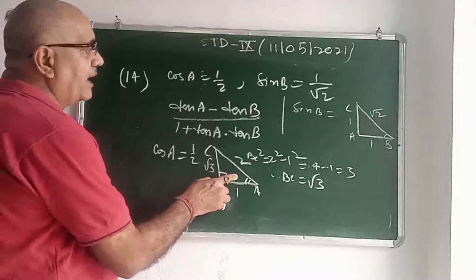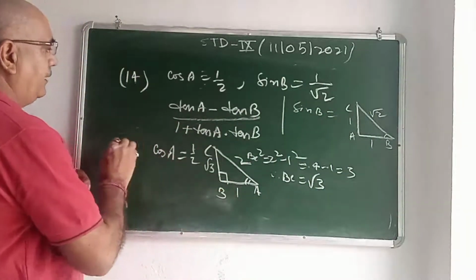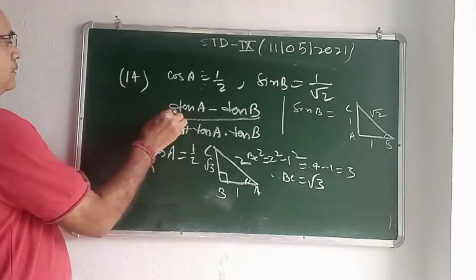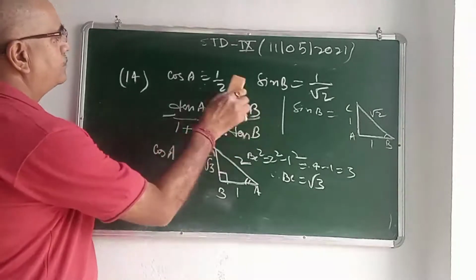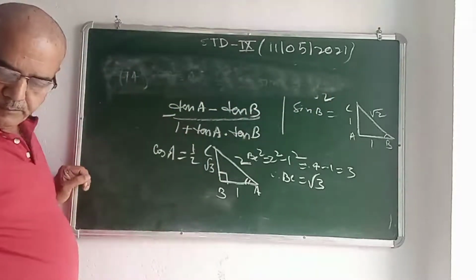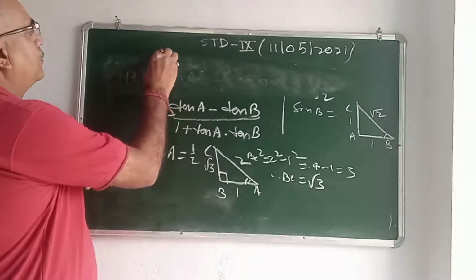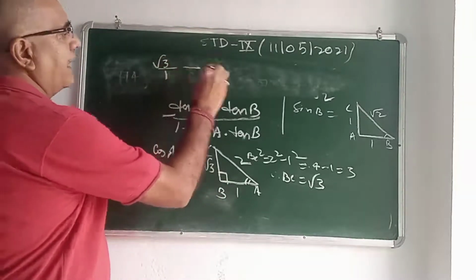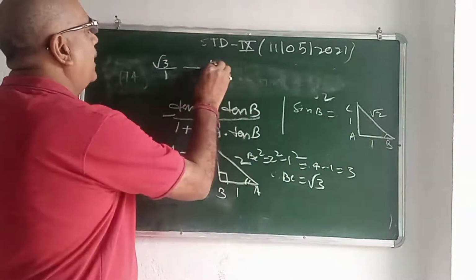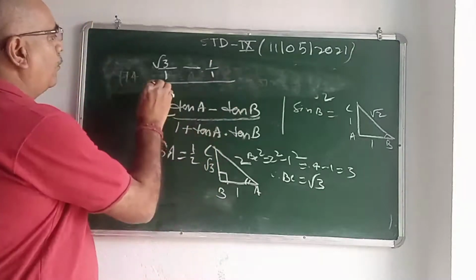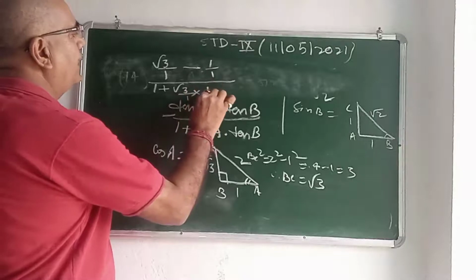Now put this value. Tan A from this triangle, tan B from this triangle. Tan A is P by B, means root 3 by 1. Tan B here, this is angle B, P by B, 1 by 1. So (root 3 minus 1) by (1 plus tan A root 3 by 1 into tan B 1 by 1).